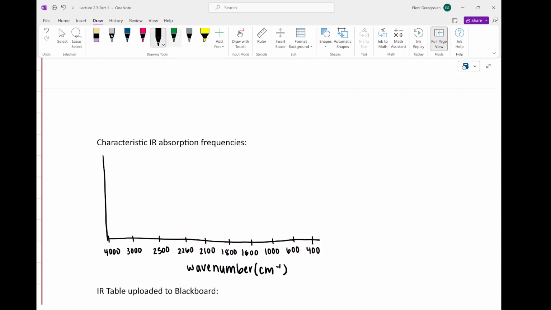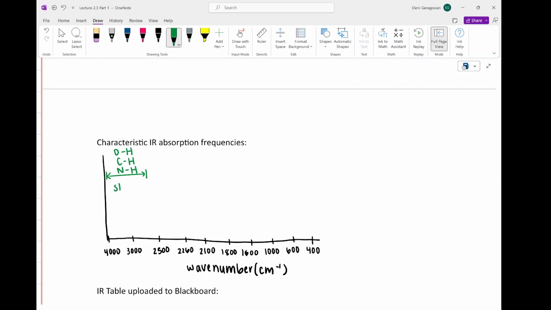Okay, so starting at the left, from 4,000 to about 2,500, in this area, OH bonds absorb energy, CH bonds absorb energy, and NH bonds absorb energy.